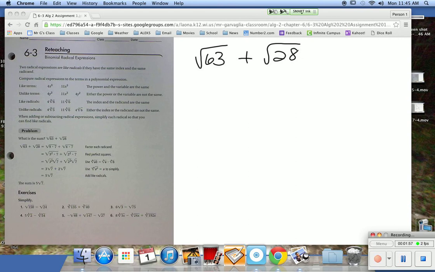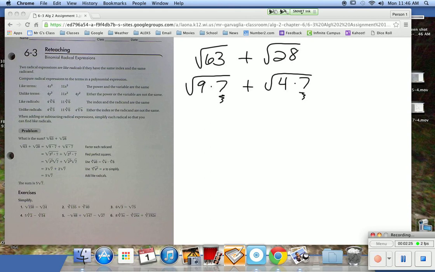I know it's small. Okay, I can break the 63 up into the square root of 9 times 7, plus the square root of 4 times 7. Did you see what I did? Notice that I've got the square root of 7 in both of them.